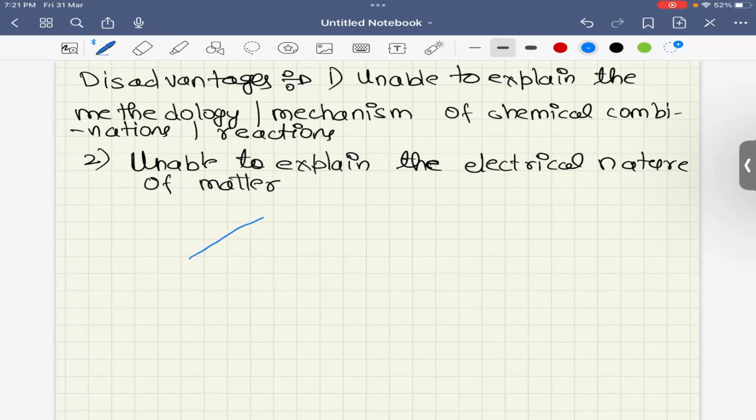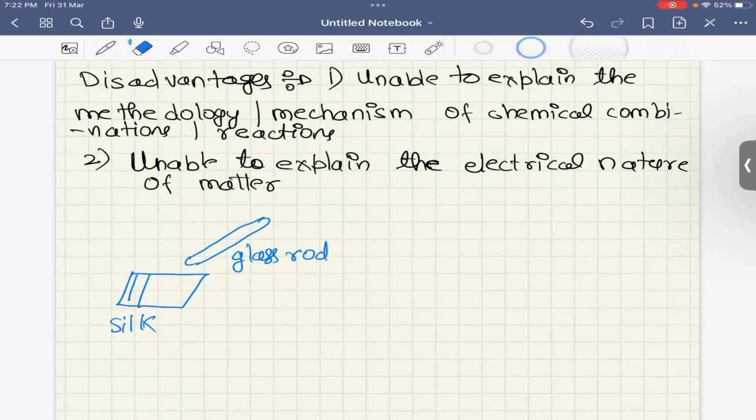For example, here we have a glass rod, and this is a silk cloth.